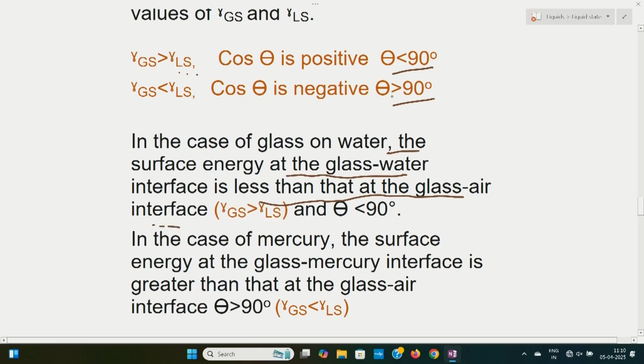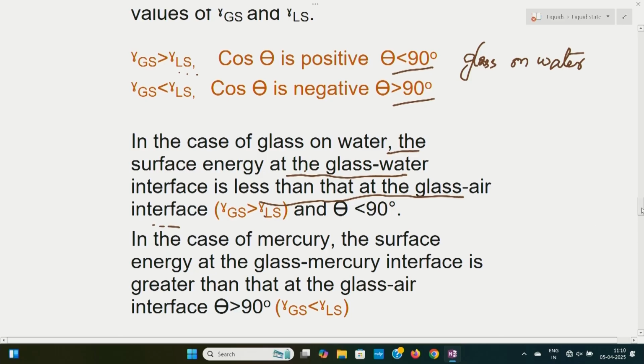That means the surface energy of the gas-solid interface is greater than that of the liquid-solid interface, and theta will be less than 90 degrees.